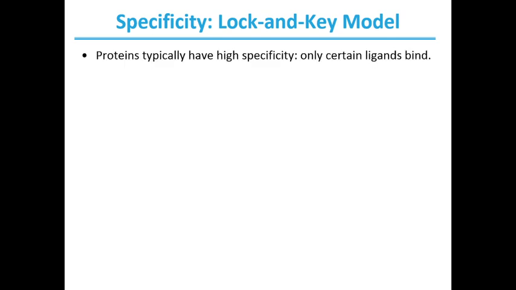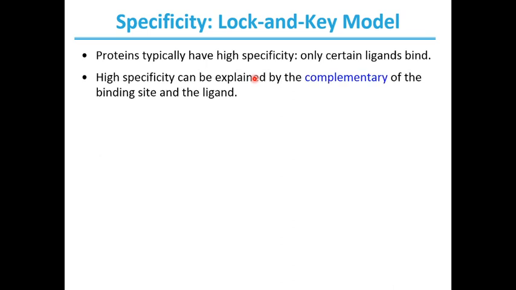There are two different models that dictate the specificity of a ligand towards a protein. The first one is called the lock and key model. In this model, proteins typically have high specificity and only certain ligands bind. High specificity can be explained by the complementarity of the binding site and the ligand.